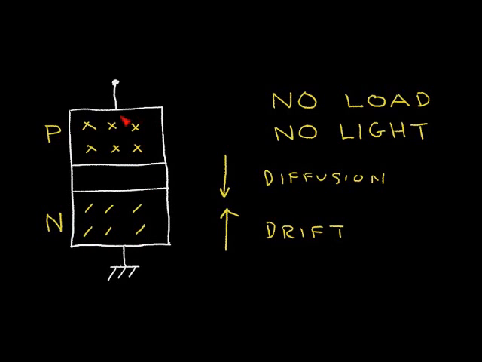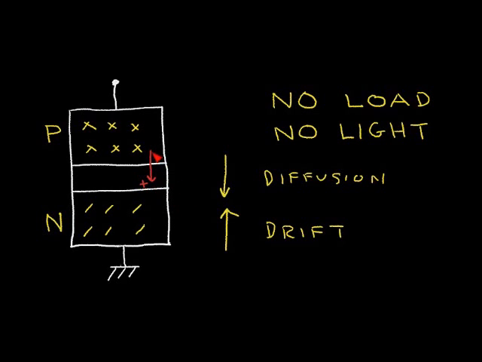Since we have a higher concentration of holes in this P region, some of these holes can diffuse, and they diffuse because of a concentration difference. Some of these holes will diffuse into this depletion region, making this region more positive.